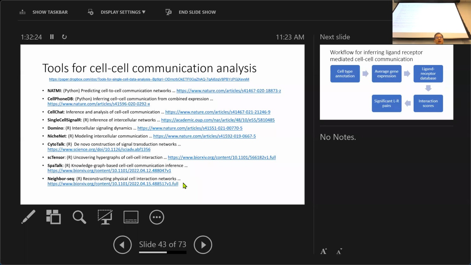Some of them, for example like this, are just a collection of a customized ligand receptor database. Itself, I wouldn't call it an algorithm, because there's no algorithm developed at all. They collect a lot of ligand receptors and put them into a comprehensive database.